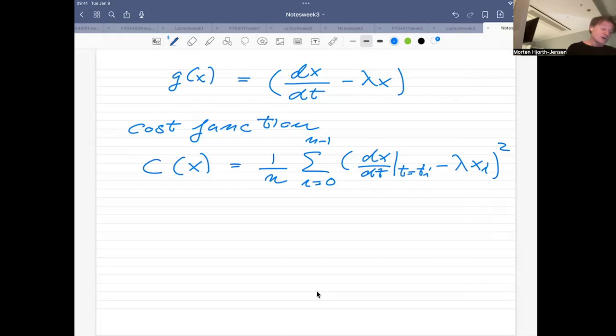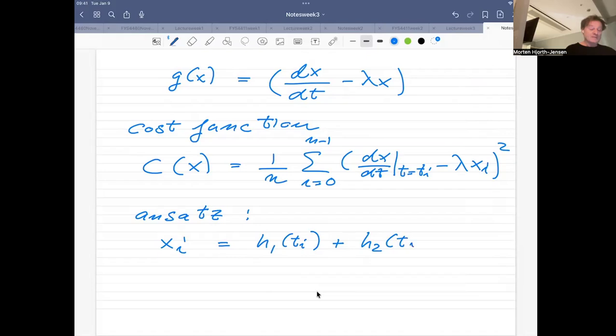Now, when you look at this equation here, the simplest possible way is to make an ansatz of this x_i, which is given by some function, which I'm just going to call h1 of t_i, plus a new function, which I'm just going to call h2 of t_i, which may also contain the initial conditions.